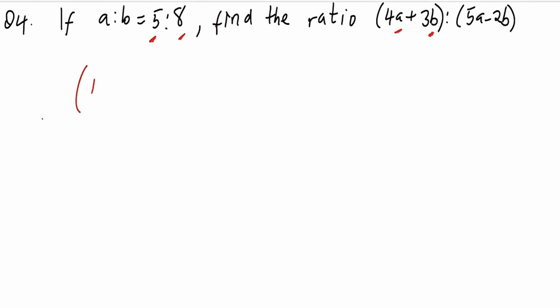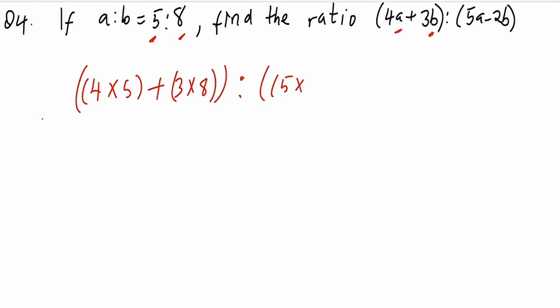So basically 4 times a, which is 5, plus 3 times b, which is 8, to 5a, which is 5 times 5, minus 2b, which is 2 times 8.